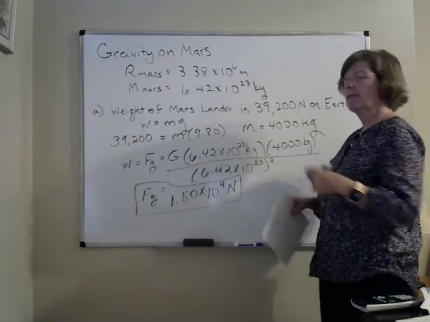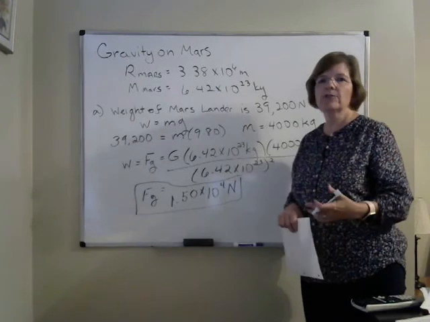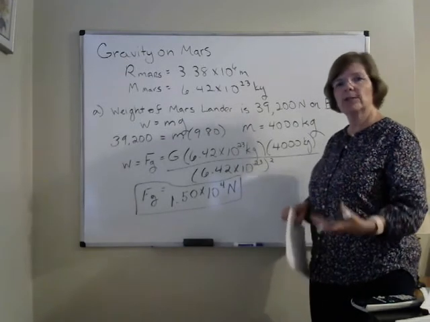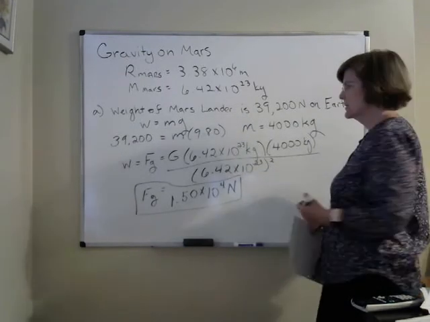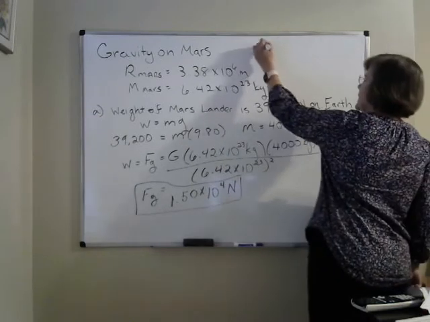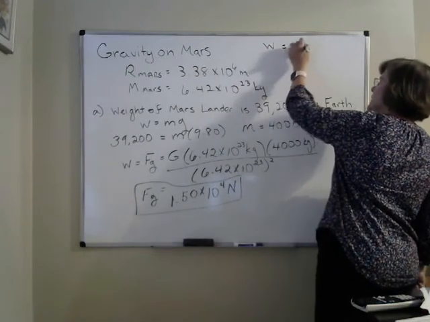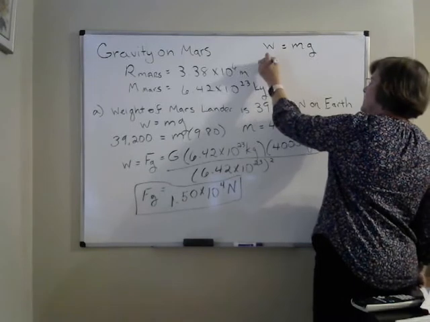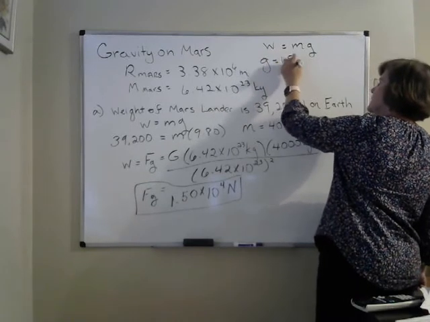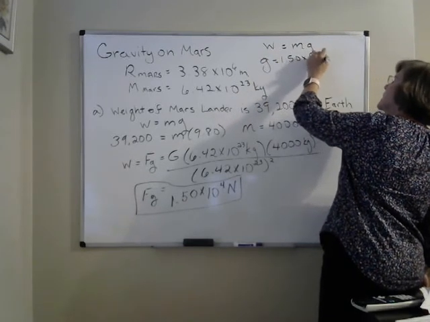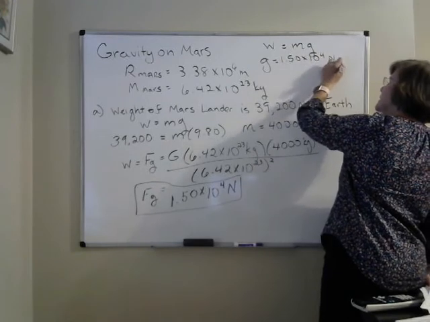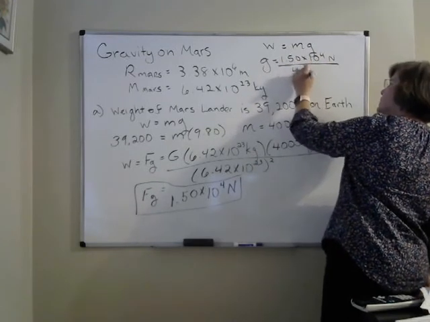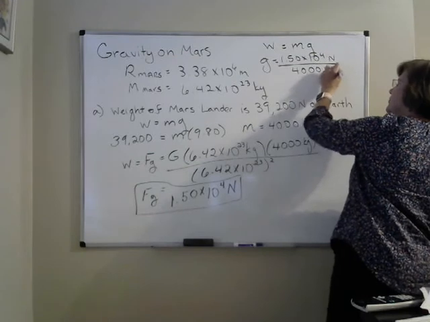Can we find the value of the acceleration due to gravity on Mars? What's g, little g, on Mars? Well, we know weight equals mg. So on Mars, it would be the weight on Mars divided by the mass on Mars. Well, the mass didn't ever change.